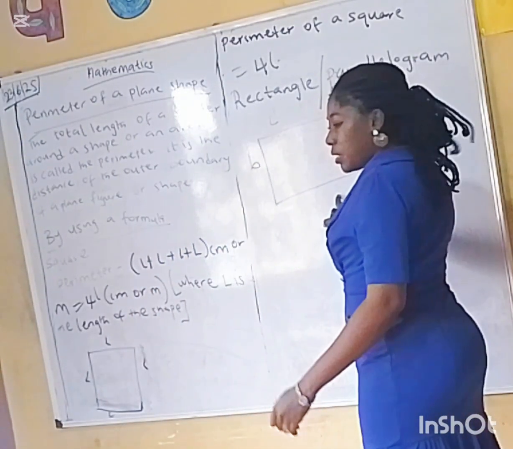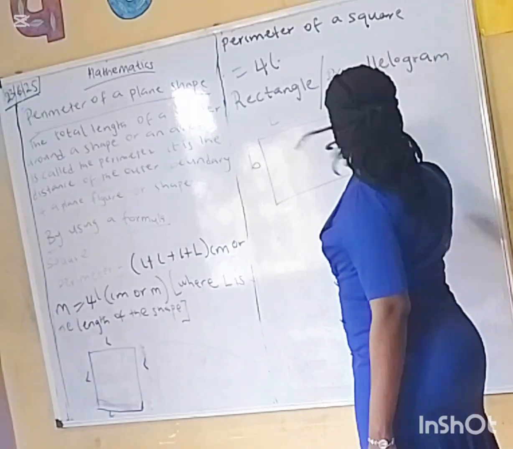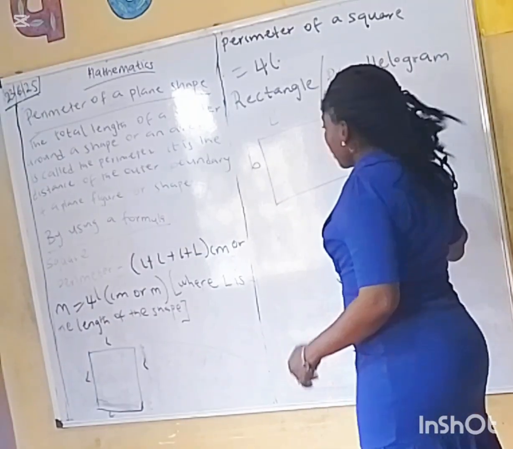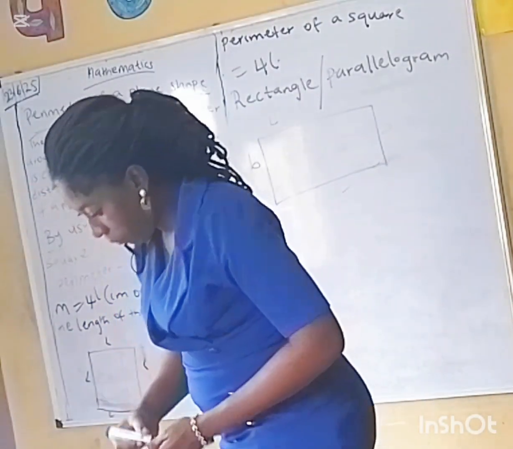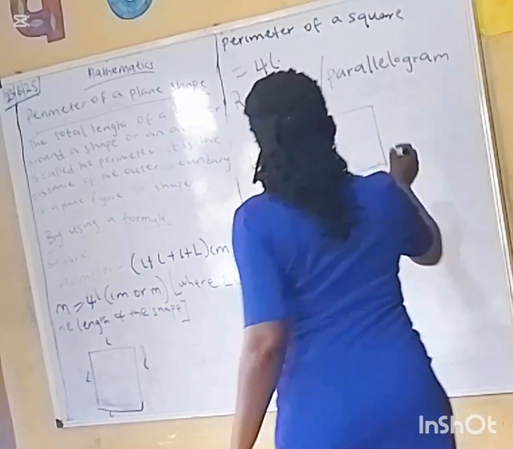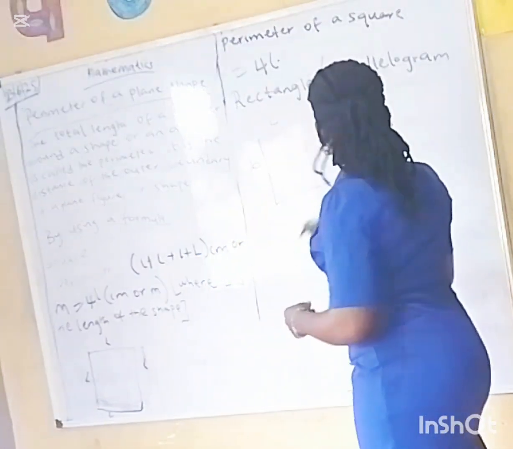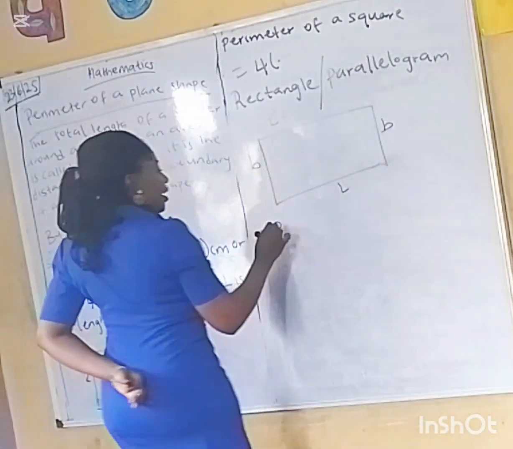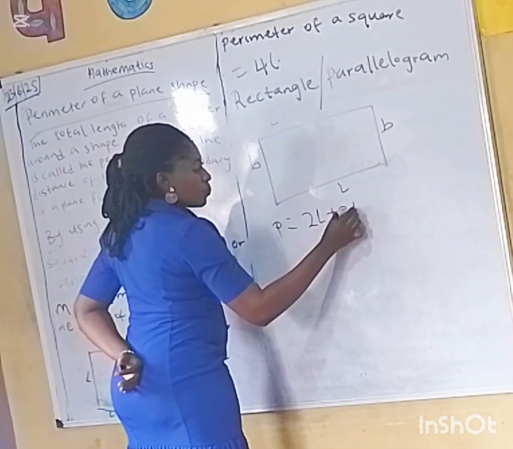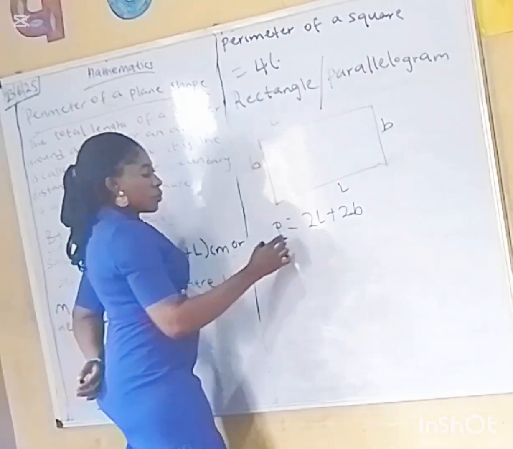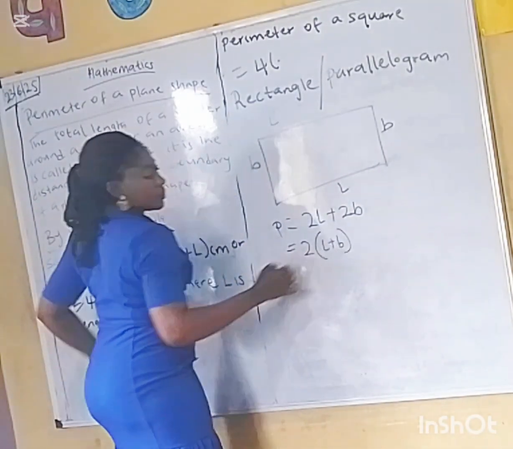If here is length, what will this place also be? Length. If here is breadth, what will here be? Breadth. So what do you think the perimeter will be? The perimeter P will now be 2 length plus 2 breadth, which is equal to 2 bracket length plus breadth.